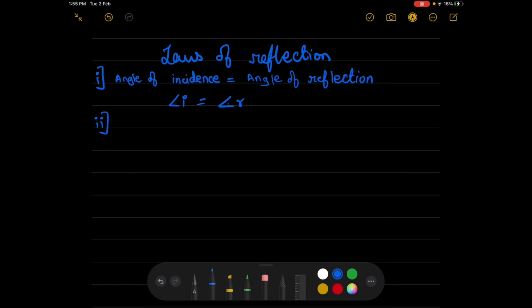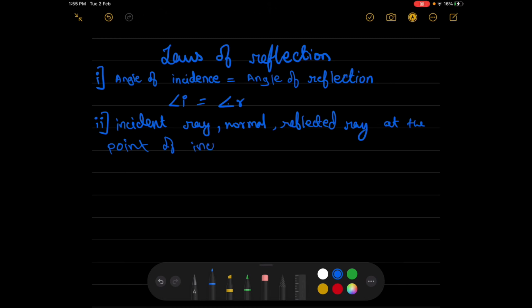So let me write it. Incident ray, normal, so the law of reflection which would be used the most would be the first one, this one, and this is just to know.